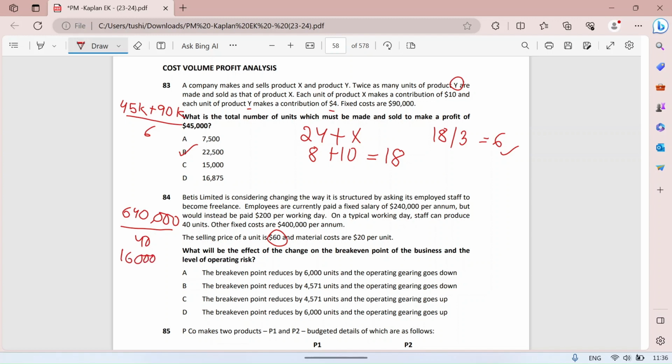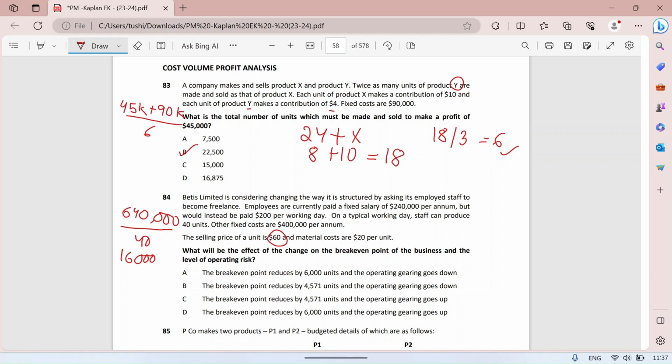Now if there is a change, the new break-even point will be calculated as follows. The fixed cost will now just be $400,000, and that will be divided by my contribution. My contribution will also change here because the staff is now going to be a variable cost.